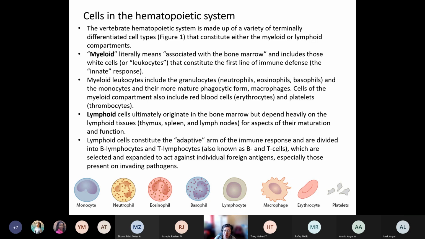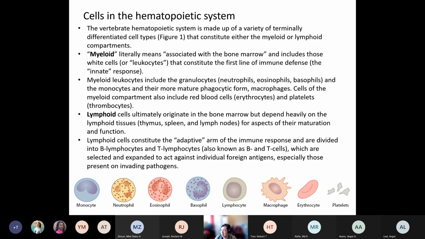Lymphoid cells, however, their development involves other organs such as thymus, spleen, and lymph nodes. The thymus is the place where T lymphocyte will be generated, while spleen and lymph nodes will be the place where B lymphocyte will be differentiated and matured.